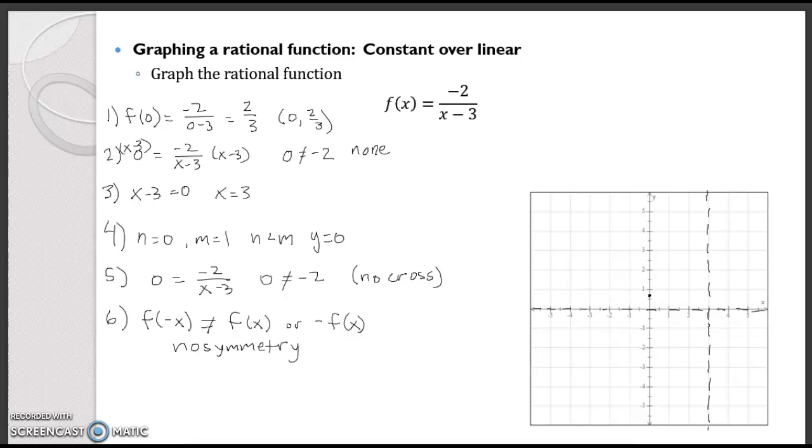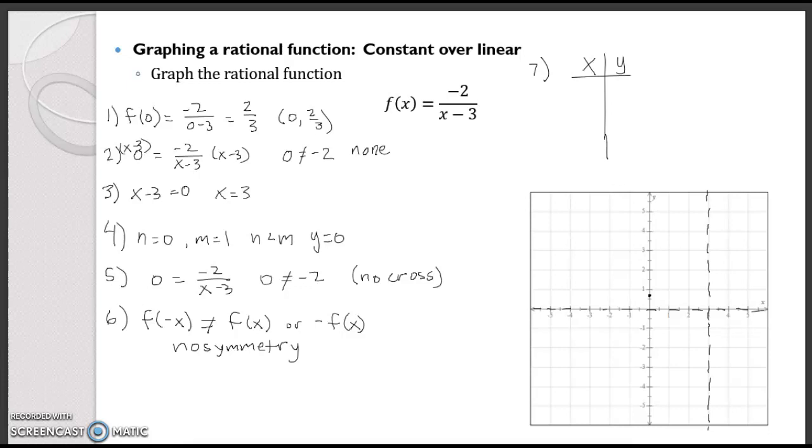So number 7 says, let's just go ahead and plug in some points, and then we'll fill in the curve accordingly. And we want to plug in points on each side of our vertical asymptote.